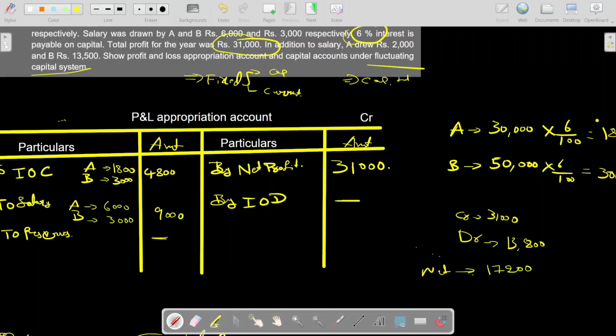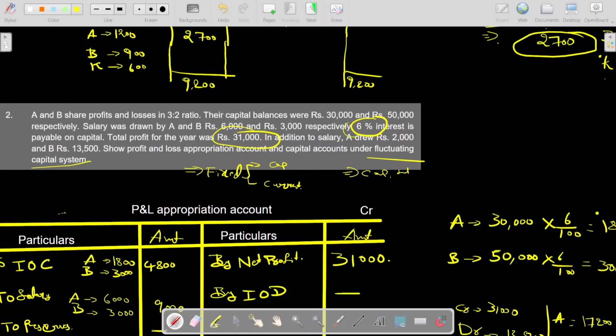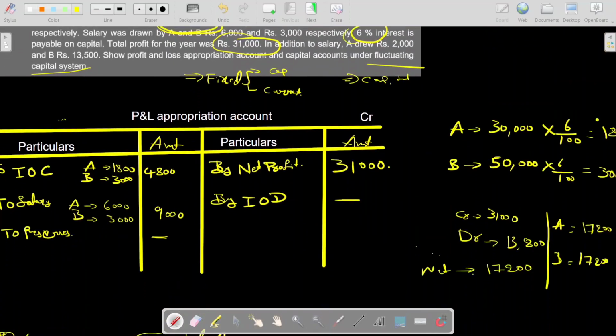So we have to divide this 17,200 between the partners according to their profit sharing ratio, for A and for B. What is the profit sharing ratio? We have 3:2. Alright.